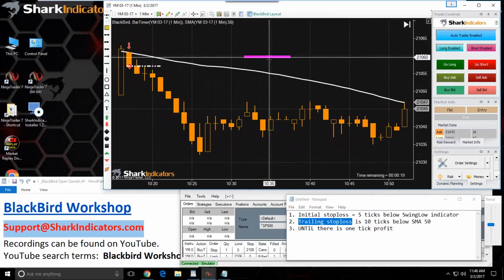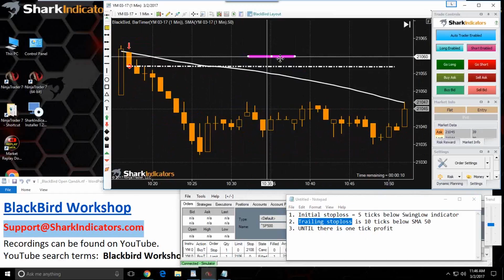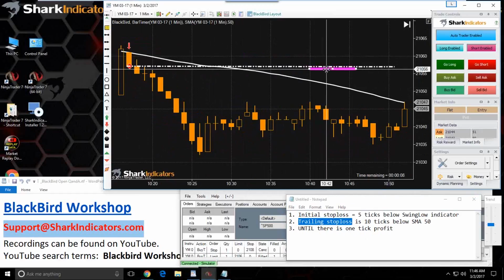Good spot here. Let's stretch this way out. Right, so it takes a while. Remember, our stop loss is supposed to be 10 ticks off of this SMA 50.